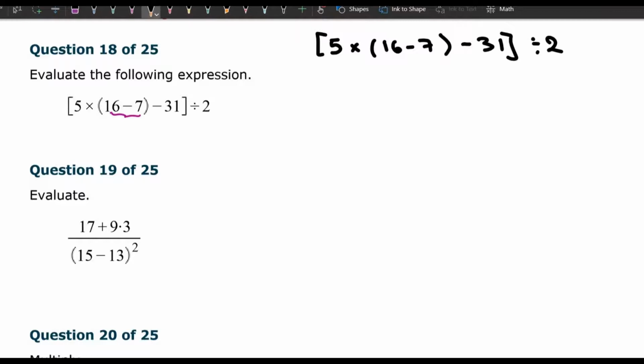So we have 16 minus 7, that gives you 9. And then 5 times 9, minus 31 divided by 2.